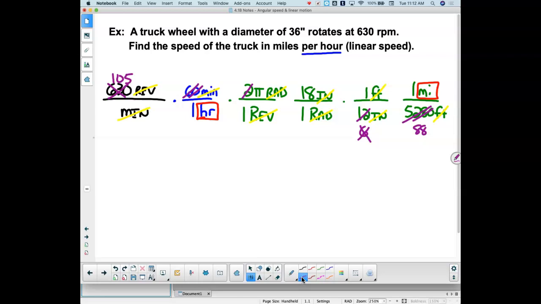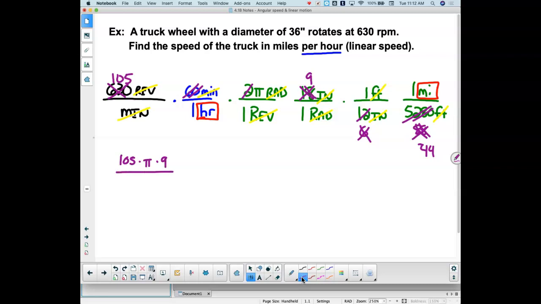And 2 and 2. I don't think there's anything else. Right? So what's left on top? I've got 105 times pi times 9.